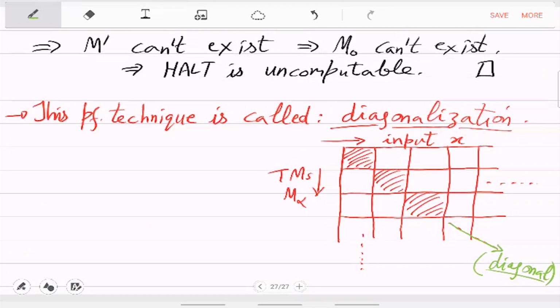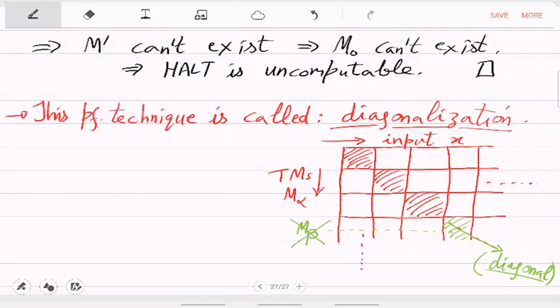Because for any index that you look at, it will be unable to give you the right answer. So, beta cannot come here, for example. M beta cannot exist here, right? Because when you see its answer here, you will see that it is negated.